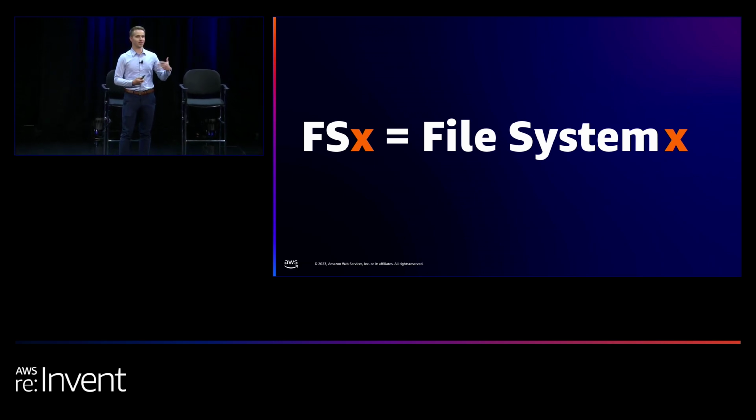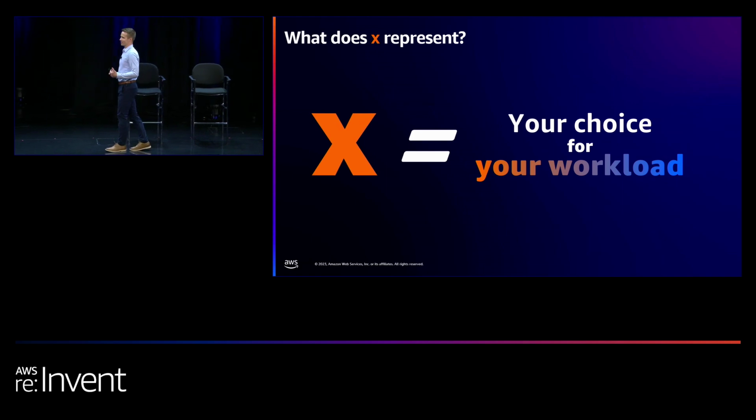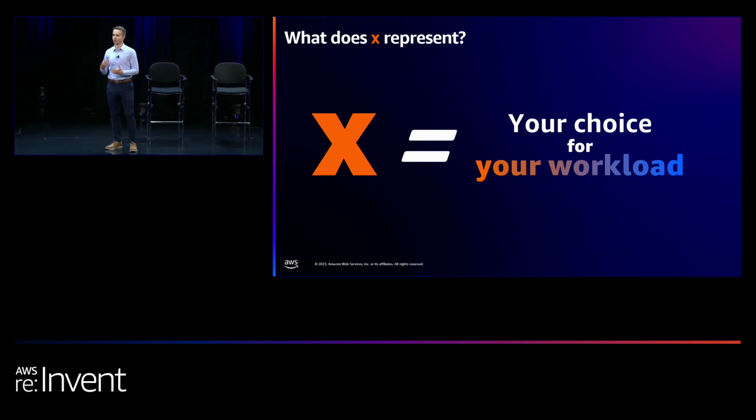And the idea behind this service is, as Nikhil mentioned, there are a number of different file system and storage solutions that customers use to power their applications. There's no one-size-fits-all that we see. And our goal with Amazon FSx is to give customers a choice when they're coming to the cloud.